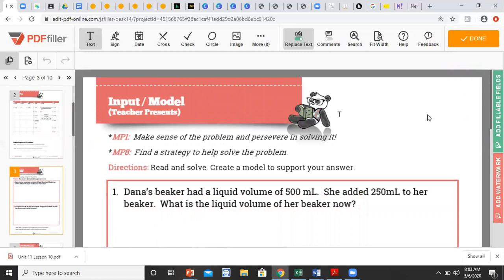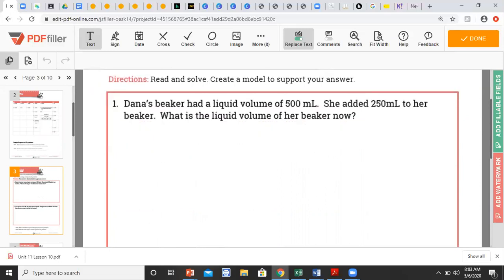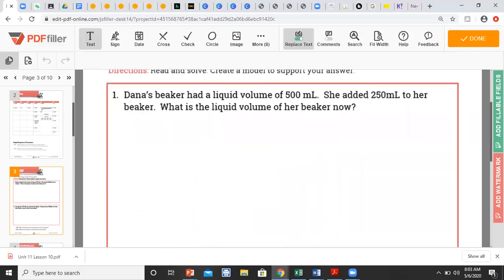Dana's beaker had a liquid volume of 500 milliliters. She added 250 milliliters to her beaker. What is the liquid volume of her beaker now?